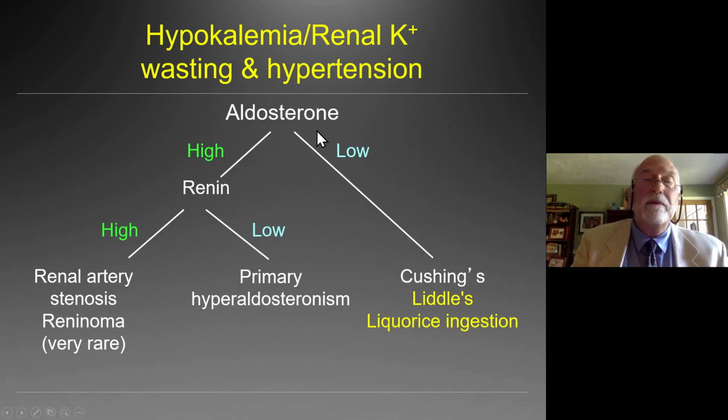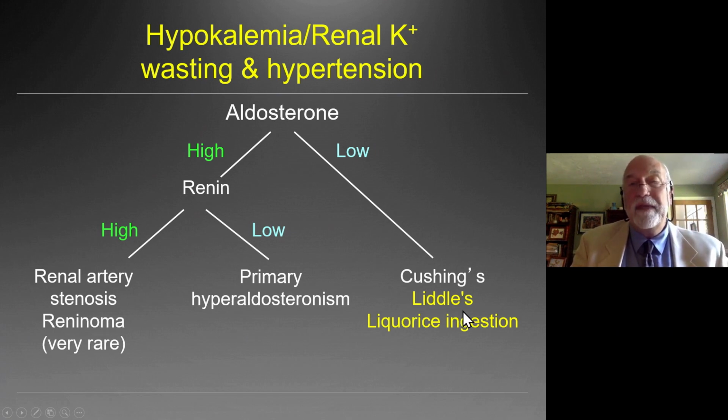The rough workup of someone with hypokalemia, renal K wasting would be to measure the renin and aldo levels. Primary aldosteronism will be associated with a high aldo and a low renin because of appropriate feedback. High renin, high aldo is seen with renal artery stenosis, or a very rare condition called a reninoma.